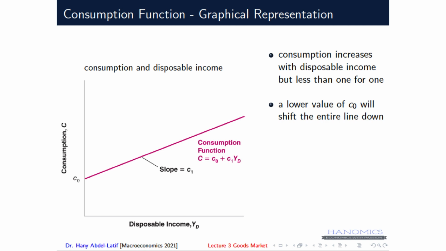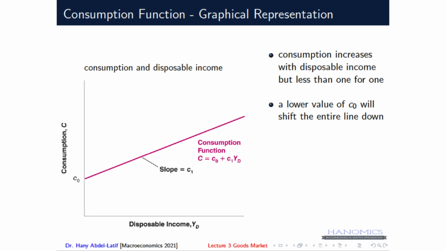We could present the same information in the consumption function in a graph. On this graph, we plot the disposable income on the horizontal axis and the consumption level on the vertical axis. And as we said, we already assumed that the relationship between disposable income and consumption level is linear, which means we could represent that by a straight line, and that straight line will be an upward sloping line.